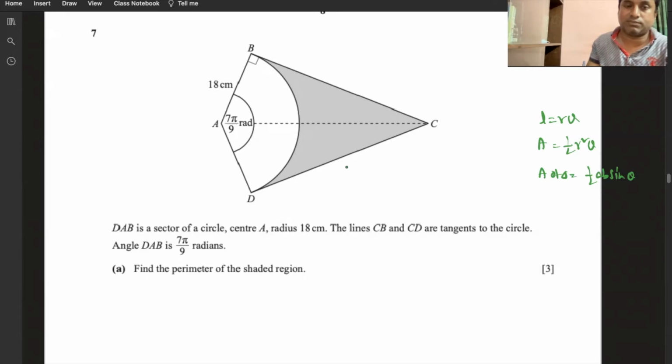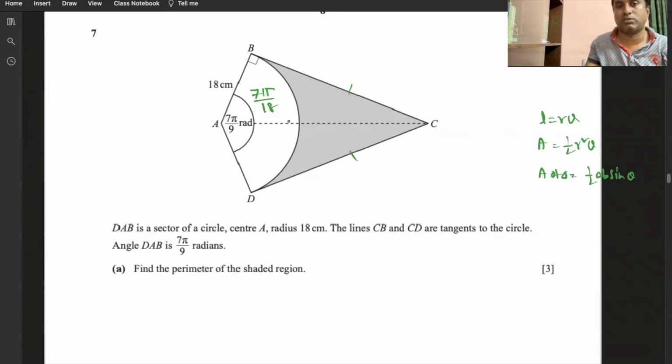Now first thing, we are going to find out the perimeter of the shaded region. We can see that this can be 7 pi by 18, and since this is a tangent from C to B and C to D, these two lengths are the same. So in any way we can find the length of BC.